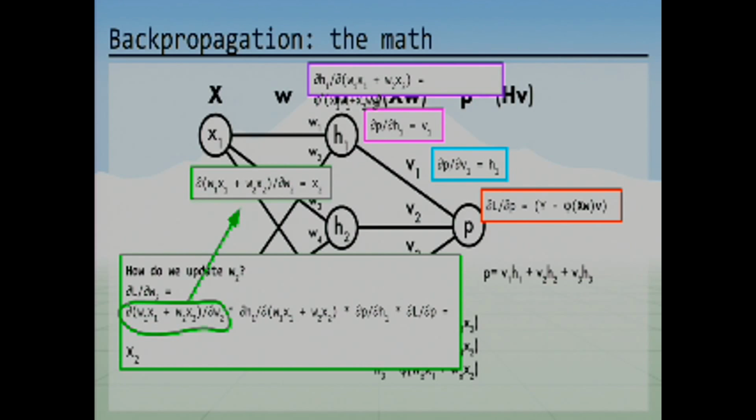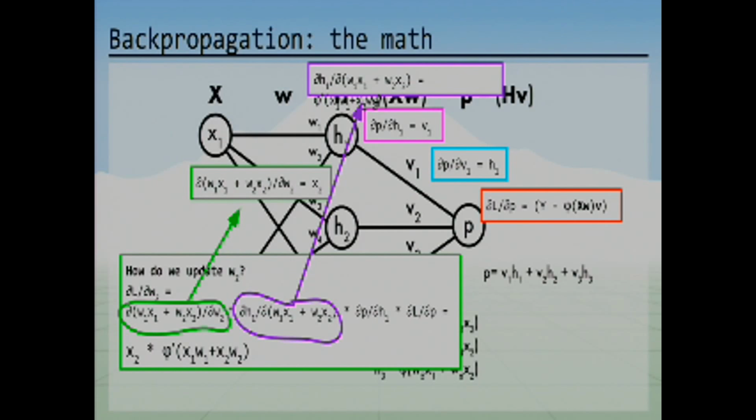And we know each of these individual components as well because we just calculated them. So the partial derivative of the weighted sum with respect to w2 is just x2. The partial derivative of h1 with respect to this weighted sum is going to be phi prime of that weighted sum. Remember that h1 is just phi applied to the weighted sum.